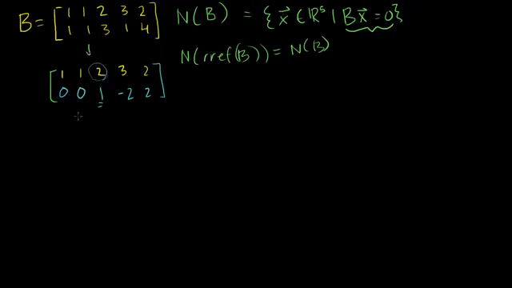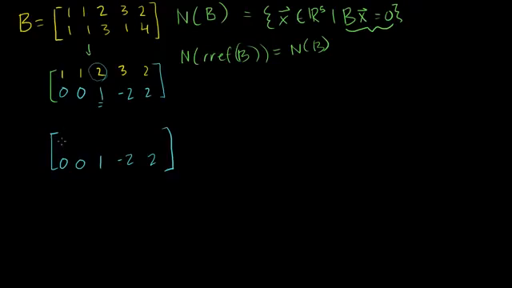And I can get rid of that guy right there by replacing row 1 with row 1 minus 2 times row 2. So now row 2 is going to be the same, 0, 0, 1, minus 2, 2. And let me replace row 1 with row 1 minus 2 times row 2.